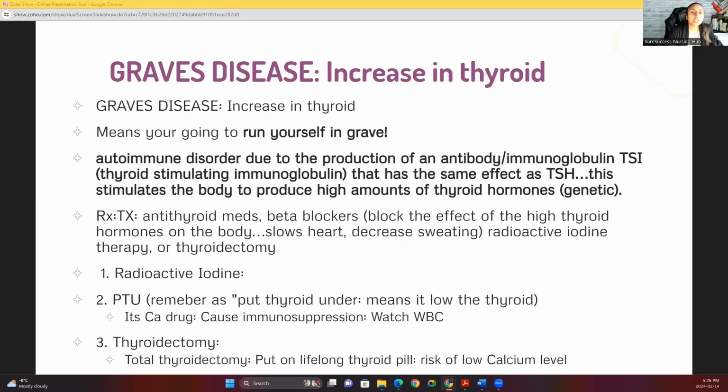All right. Graves' disease also means an increase in thyroid. But this one, just like Hashimoto's disease, is an autoimmune disorder. It is an autoimmune disorder of increased thyroid, due to the production of antibodies, with too much production of TSI.